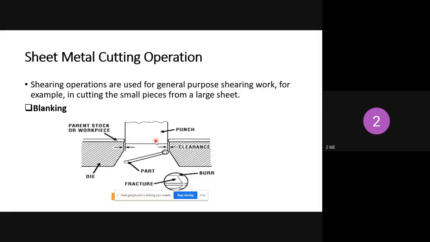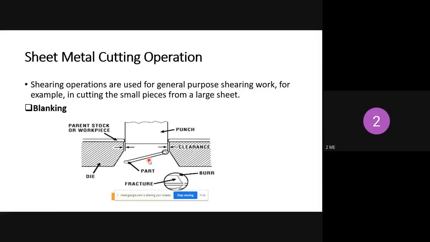That cut portion is called the workpiece. Take a large size of sheet metal and cut some portion; that portion acts as the useful work. That is called blanking operation. Understood, right? So blanking is nothing but what? Take a large size sheet metal.